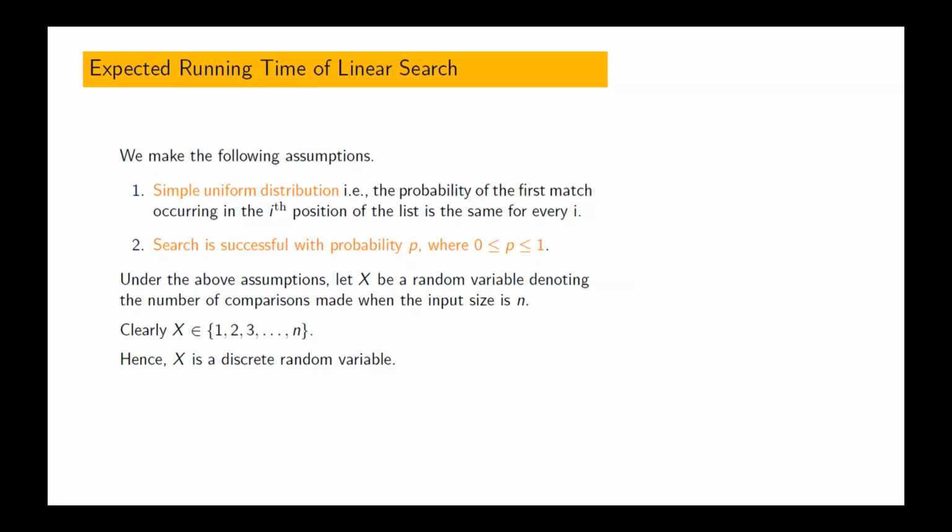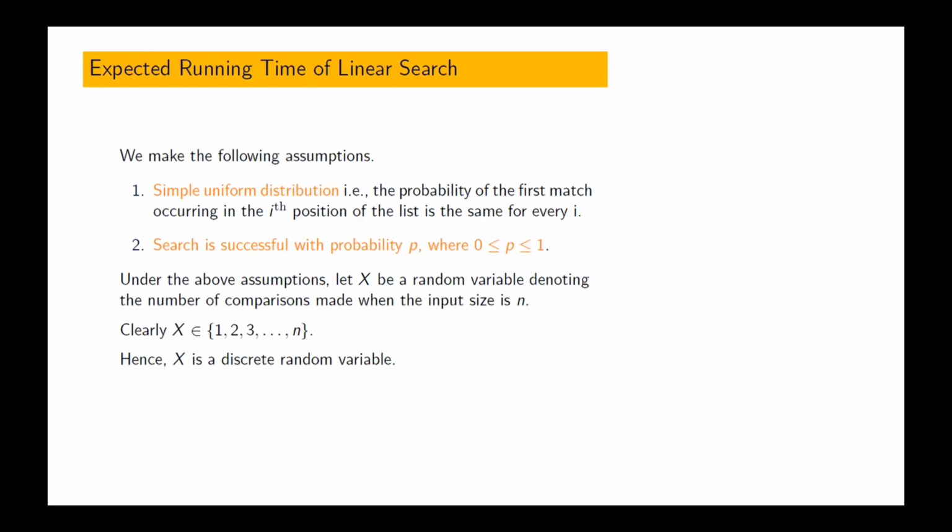If the key is in the first position, X value is 1. If the key is in the second position, X value is 2. Key in the third position, X value is 3. And so on, key in the nth position, X value is n.